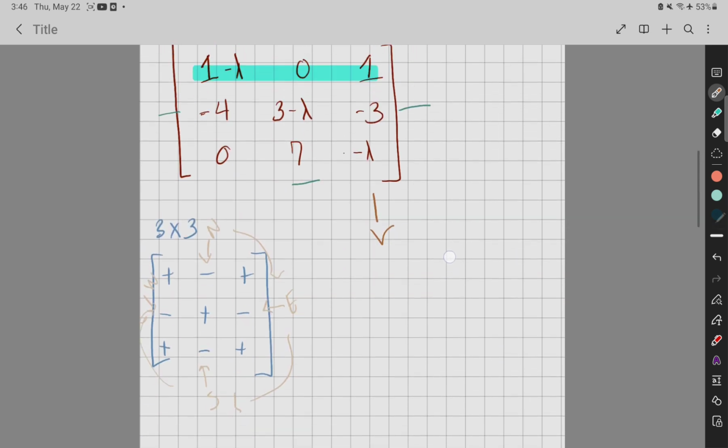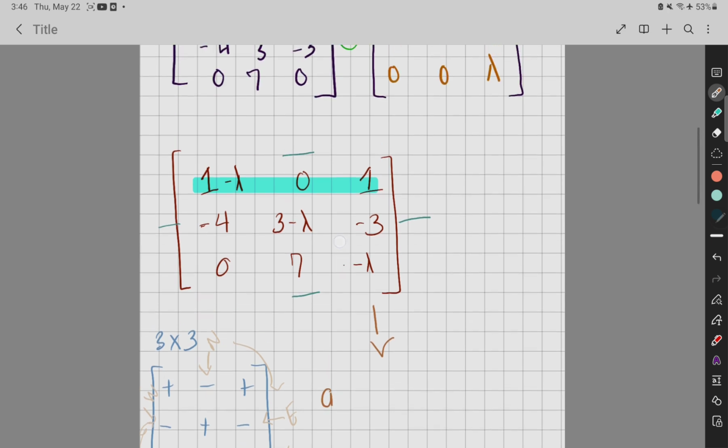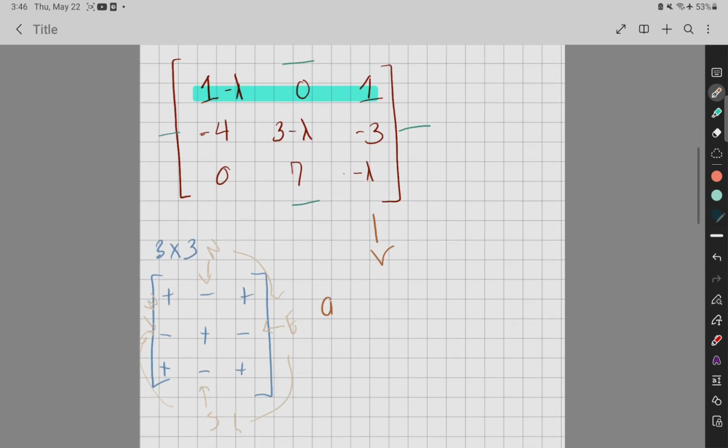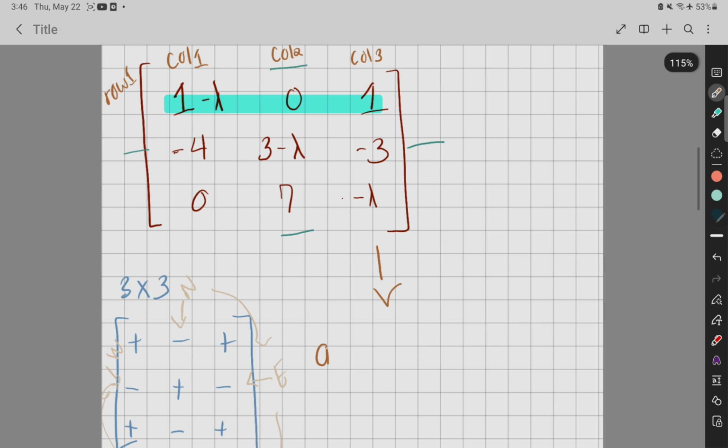So, with cofactor expansion, for this one in particular, we can do A, and this is going to be row 1, column 1, column 2, column 3, right? Just to make sure you guys understand. So row 1, column 1 times row 1, column 1. So that's what you're going to do.